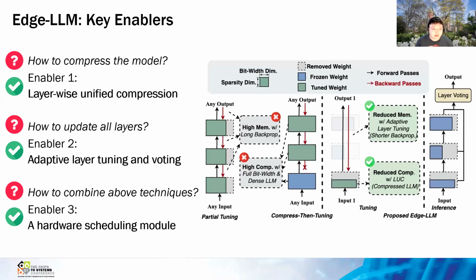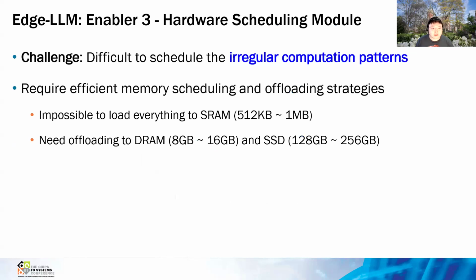Thirdly, after we develop the aforementioned two techniques to reduce the memory and computation overhead, we wonder how we can combine both techniques to turn the theoretical efficiency improvement into real device efficiency. The challenge is that our previously defined techniques introduce irregular computation patterns due to quantization, pruning, and adaptive layer dropping.